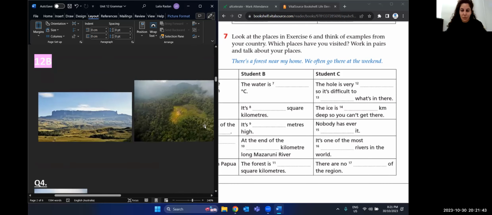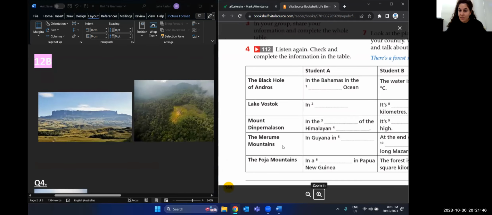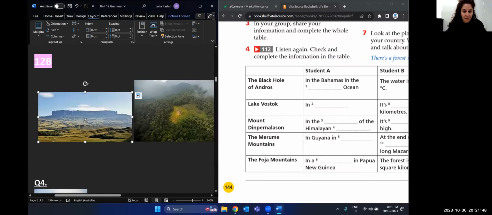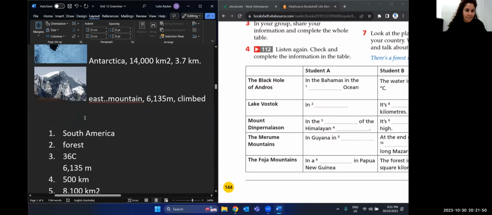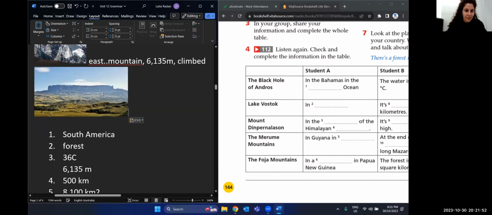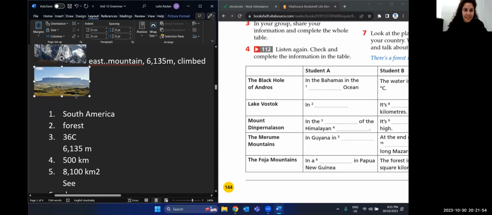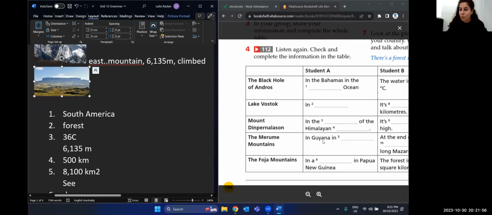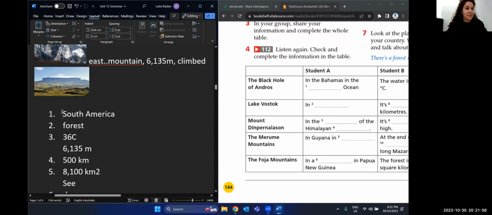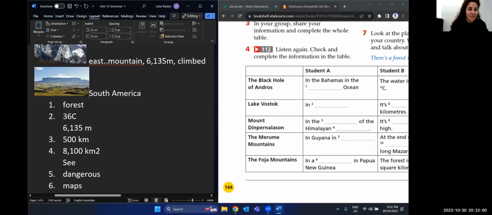Okay, and then the next place was the Meru Mountains, this one. Where is this place? In Guyana in South America.